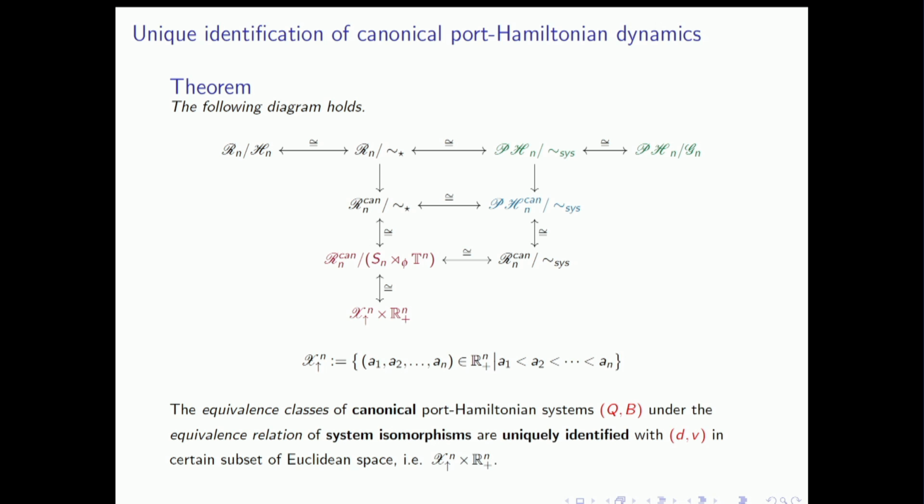So this is the most important slide in my talk. What do we want? Because I'm doing machine learning, what we want is to characterize the PHn quotient by sys, where sys means the equivalence relation of system isomorphism, right? When two systems are isomorphic, they are not distinguishable, so I don't want to distinguish them.